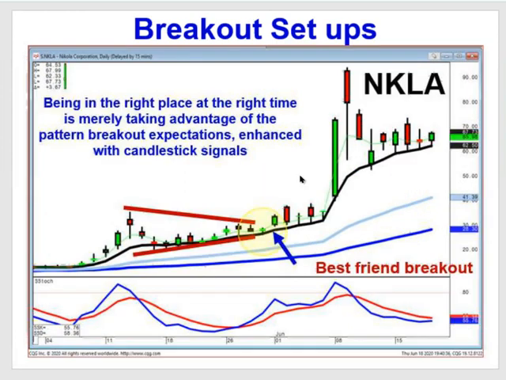So this is not rocket science. This is just taking a look and seeing what happened, what everybody else is watching. We were in NKLA calls because I had no idea what NKLA was until after it started moving big.